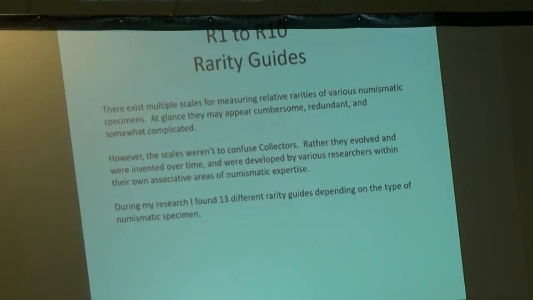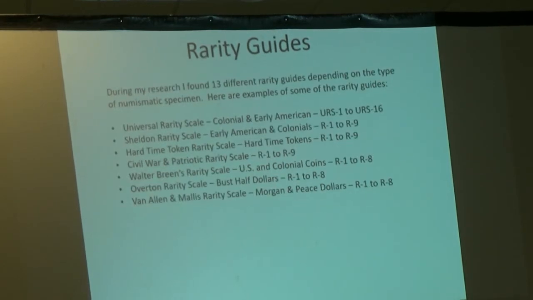So you can have a Hard Times token, or you can have a bust half of 1 year, and it's a common coin, and you can have one that maybe it's an overstrike or 4/2, and it's much rarer. I always thought that there was only 1 or 2 rarity guides. In doing this, I found that there were 13. Okay, I didn't do all 13, but these are the different types of rarity guides that people have put out.